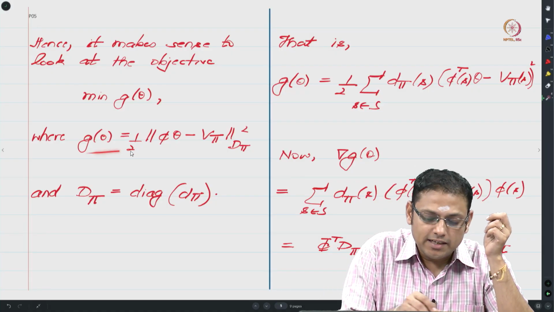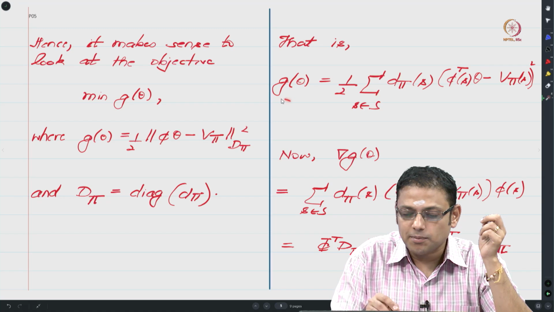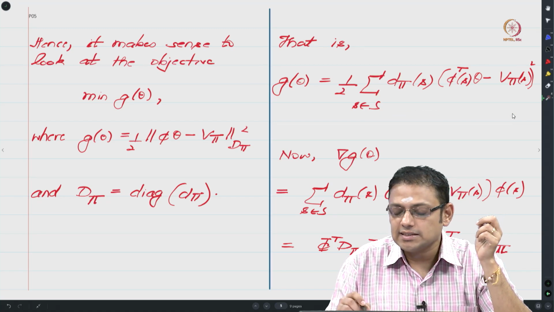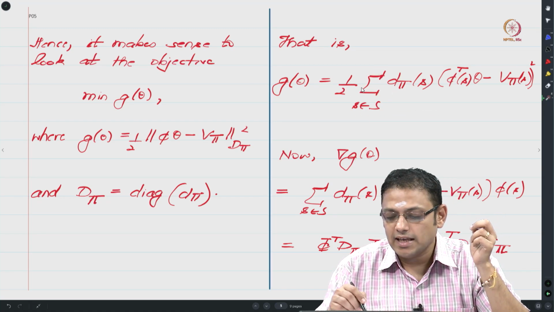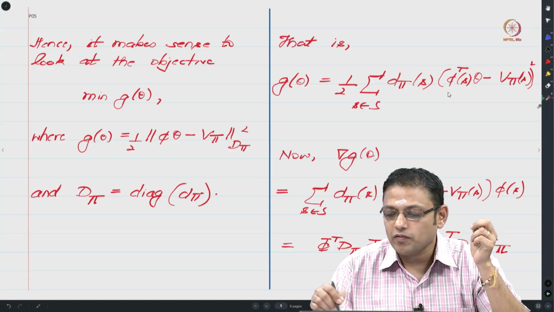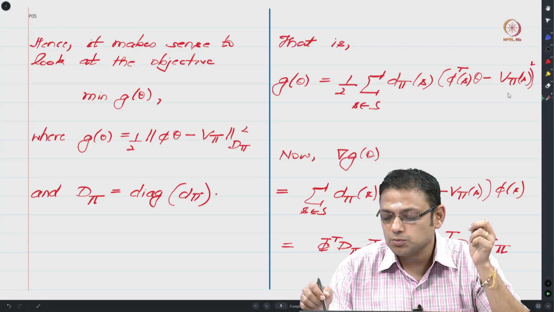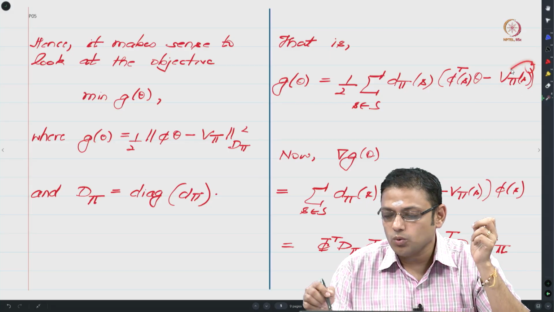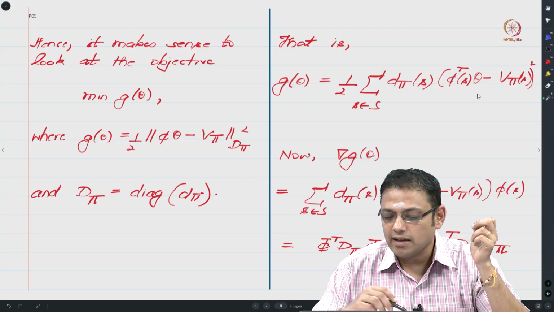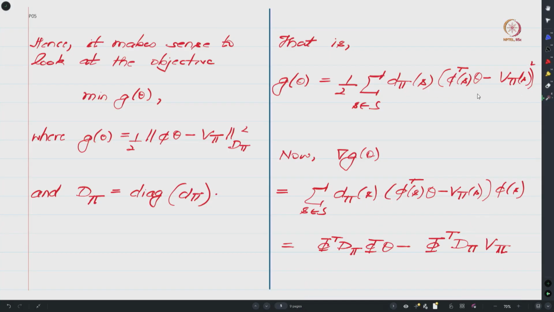Then one can see that if you expand this expression over here, it has the form sum over little s in capital S of d pi of s times phi s transpose theta minus v pi of s, squared. But the difference between this and what we had seen in the f of theta expression is that there the expectation was computed with respect to the uniform measure on the state space.